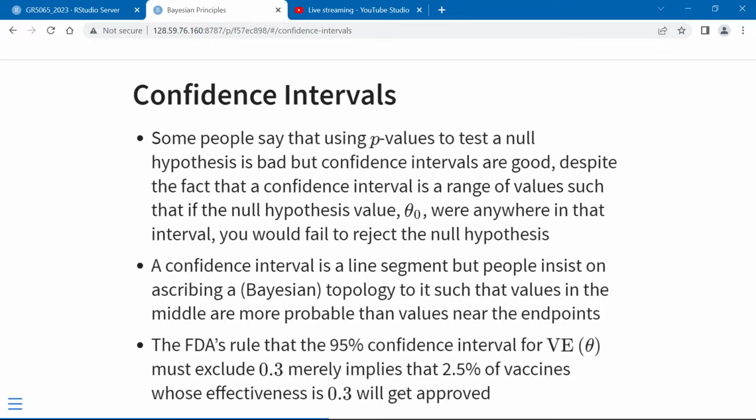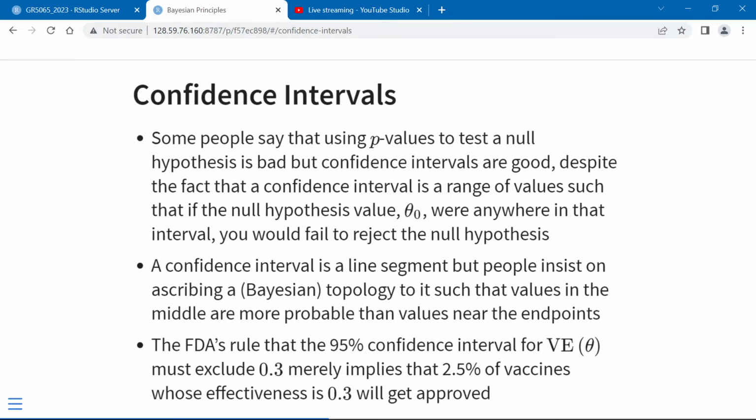A confidence interval is just a line segment. But anytime you put an interval out there, people interpreting or misinterpreting it insist on ascribing a Bayesian topology to that thing. They think there's a density that integrates to 1, and you're taking 95% of it, and that's the confidence interval. But no, the confidence interval is just a line segment that has no third or second dimension to it.